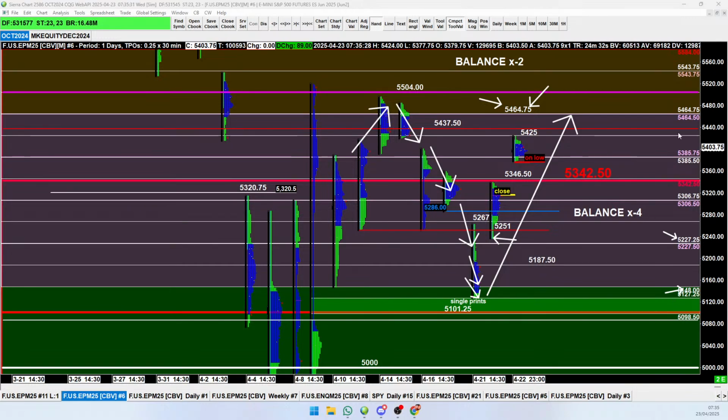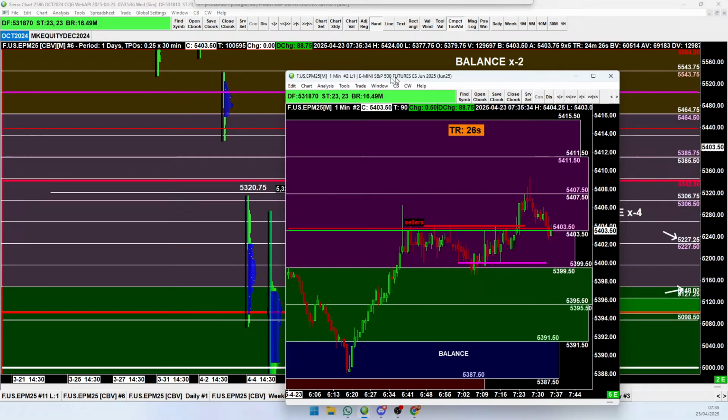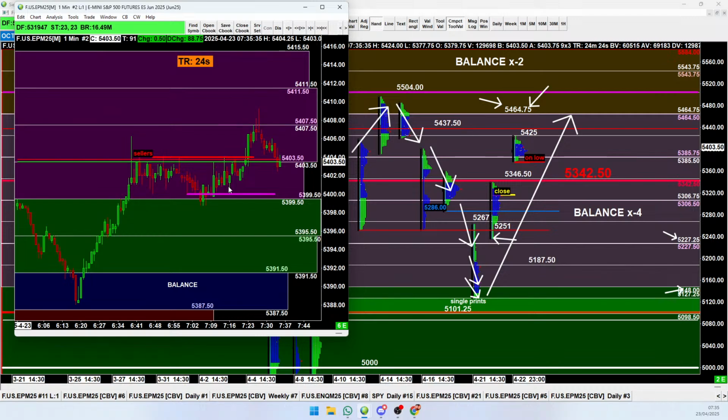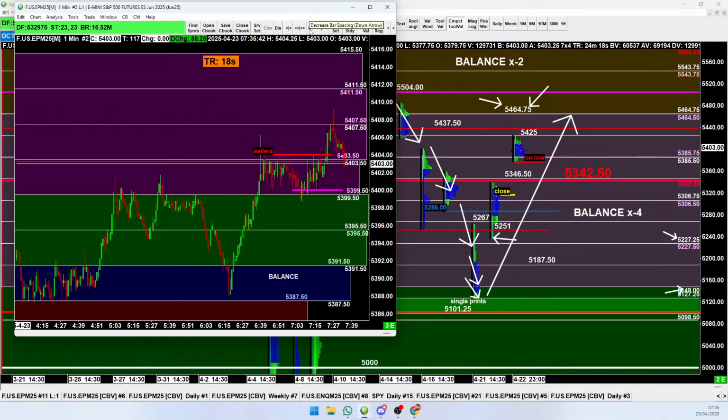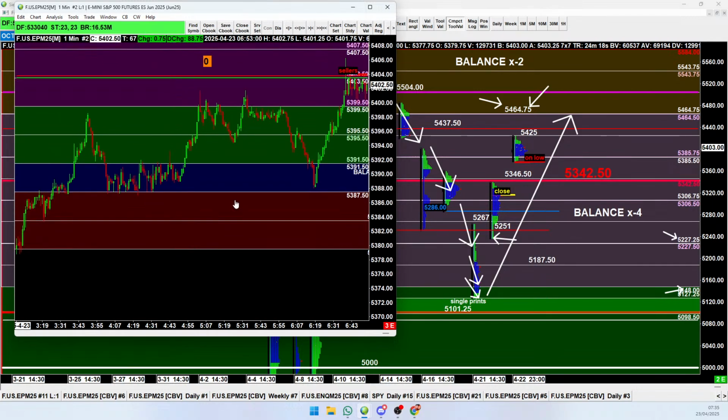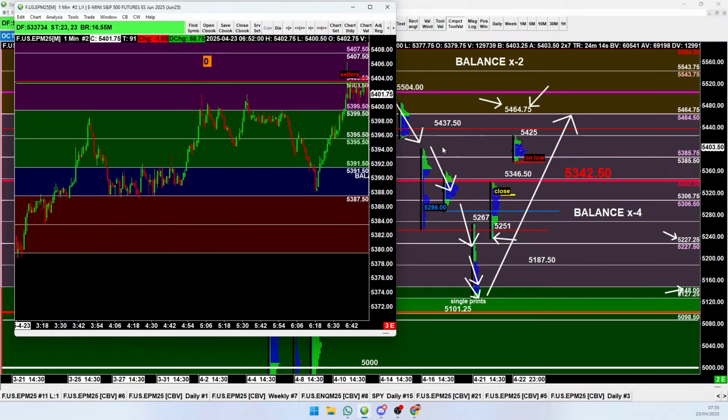Now check this out. This is the same as this. This is a rotation.